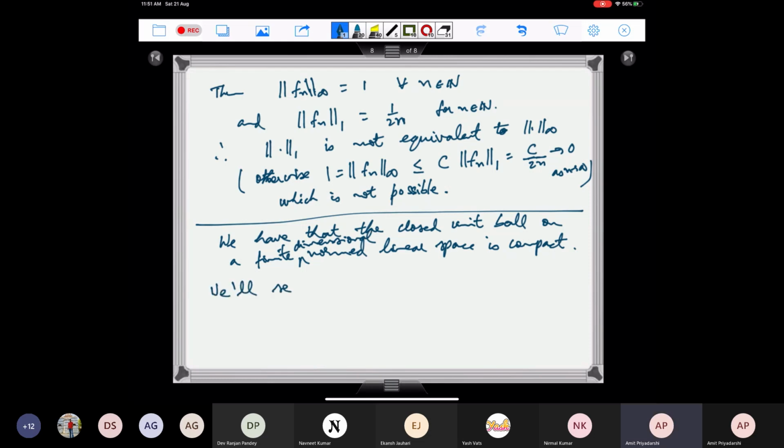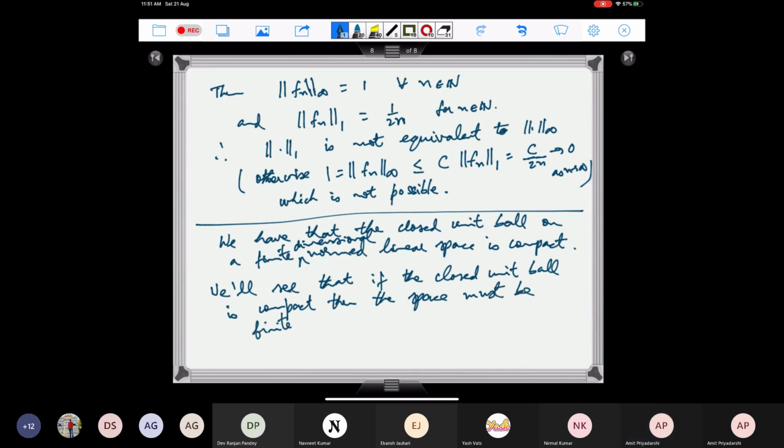We will see that if the closed unit ball is compact, then the space must be finite dimensional.